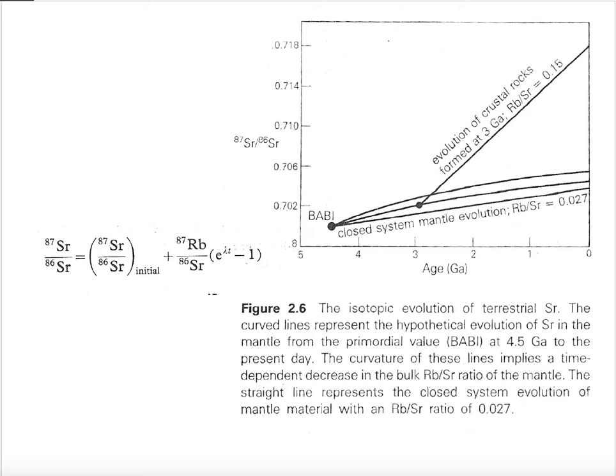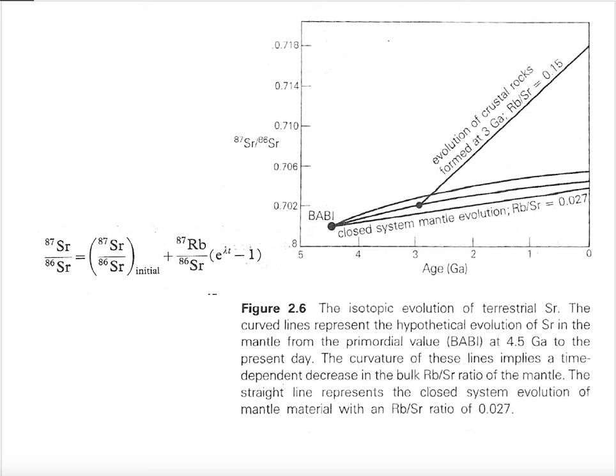Initially, 4,500 million years ago, we have an 87 strontium to 86 strontium ratio of about 0.7, yeah? This ratio changes over time, over the last 4,500 million years.